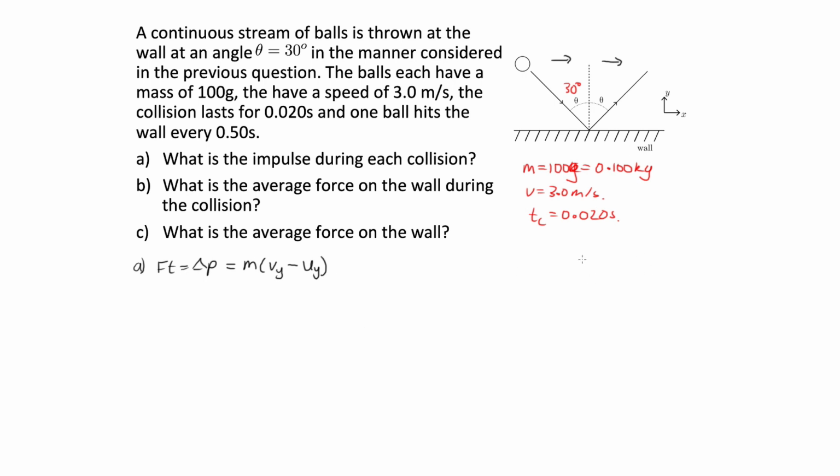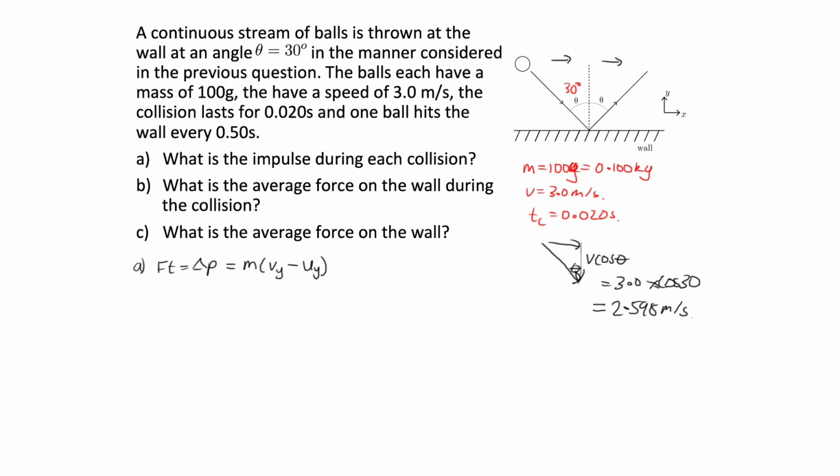And so if we split our velocity up into an x and a y component, we can see this is theta here, and so we've got v cos theta is the initial velocity in the y direction, which is equal to 3 times cos of 30, and that is equal to 2.598 meters per second.